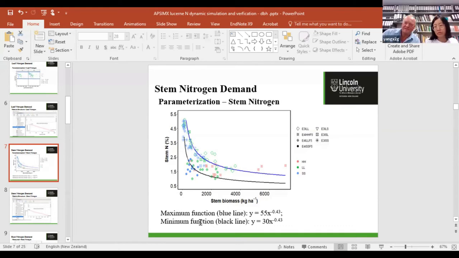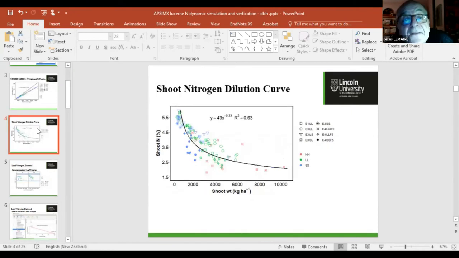And if you have the slide with the nitrogen dilution curve, you can see that this blue line is very close to the critical curves we have already established in France.